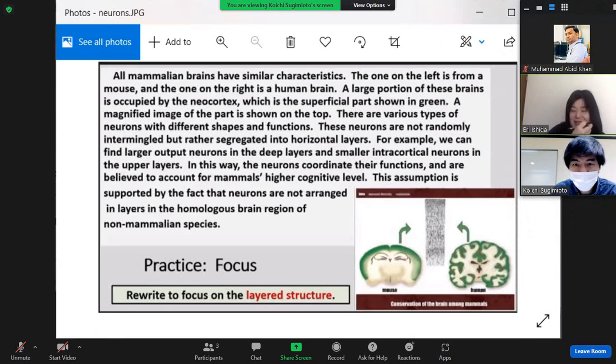Thank you. Okay, go to the text. We have to make a topic sentence. I just think we have to use the words layered structure. Neurons are... hmm?